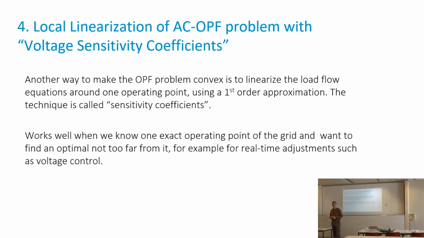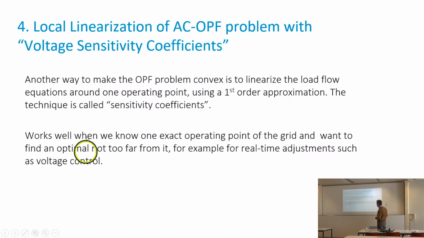When you have a lot of photovoltaic resources, they tend to create voltage problems. So you may have resources in the grid that are able to change the voltage by injecting or consuming reactive power. But then you need to change their set point once in a while, every 15 minutes, for example. This is what we could call quasi-real time.